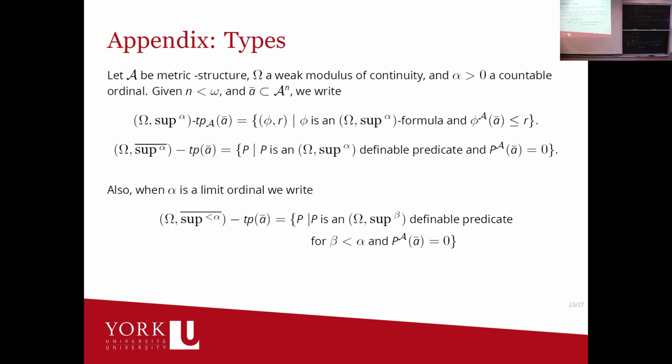That would include formulas that are Σ_n for some n, the supremum over those. Or I can just not have those. So the ω Σ_{<α} type of A is the set of all predicates that are Σ_β for β less than α and are 0 at A. These are essentially the types that I can hope to omit. I was not able to omit every type, but I was able to omit these types.